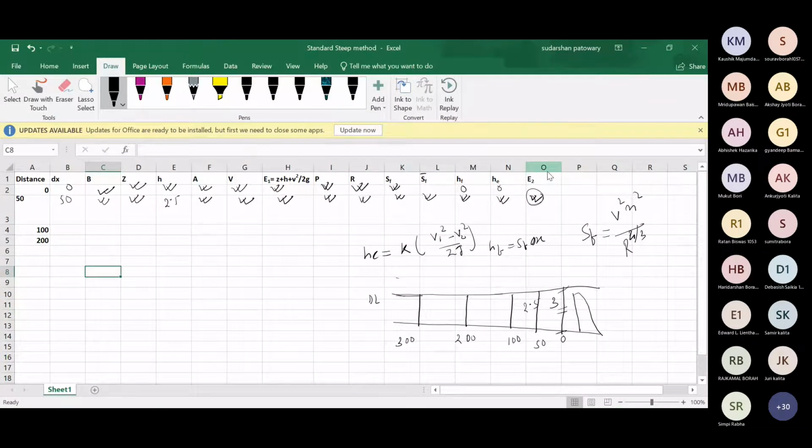So E2 is equal to this much. You have to check whether, if you deduct this value from E2, you will get E1 or not. If this difference is 0 by deduction, then you can say the assumed value is correct. That's it.